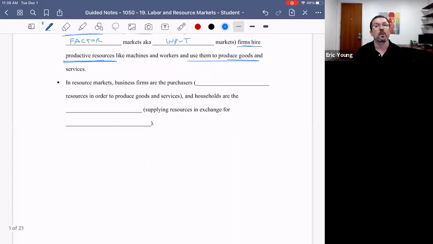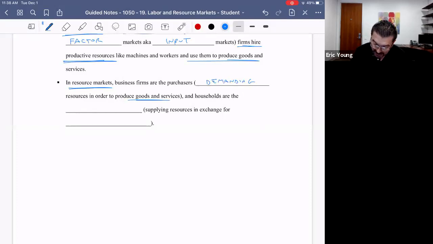In other words, in this new market that we're going to discuss, resource markets, business firms are the purchasers. They are demanding the resources that they need to produce goods and services.